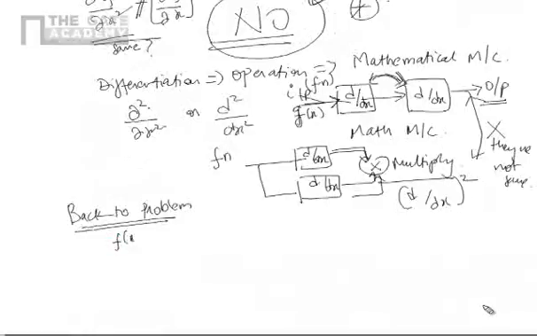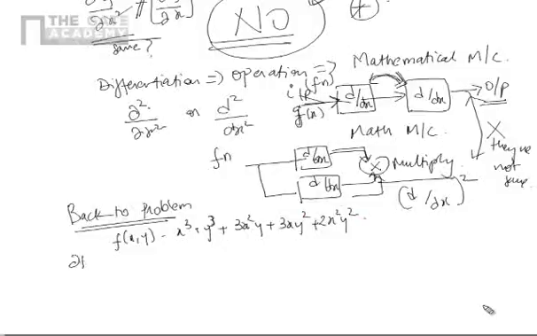What is my f(x, y)? f(x, y) is x³ + y³ + 3x²y + 3xy² + 2x²y². So first let us start with ∂f/∂y. What is ∂f/∂y?